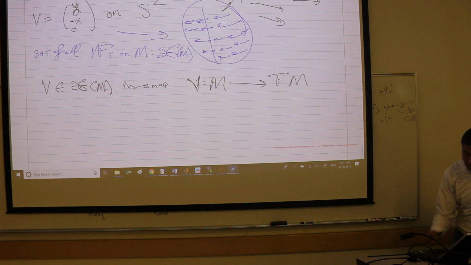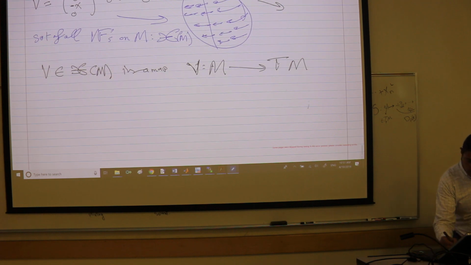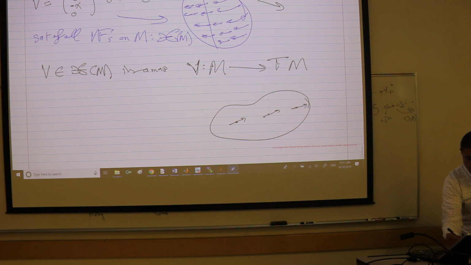The vector field at this point gives me a vector, at this point gives me a vector, at this point gives me a vector, but you just said that any vector is the velocity vector of some curve. So if we connect these, we will get a curve.